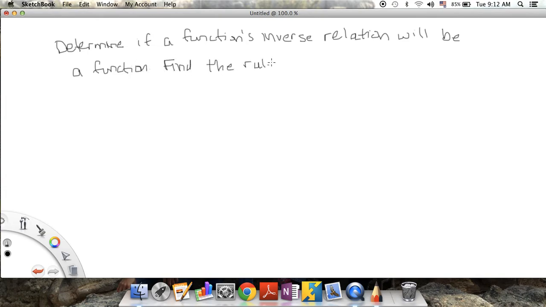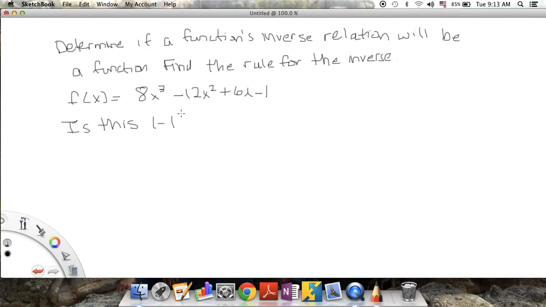And then we'll figure out what the rule is for the relation, or for the inverse. So if we have this function, f of x is 8x cubed minus 12x squared plus 6x minus 1, the first thing we want to know is, is this one-to-one? If I plug in x values, am I always going to get a different y value no matter what I plug in? And the answer to this is yes.